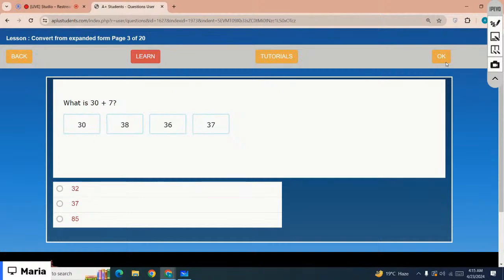What is 30 plus 7? Which is the correct option?